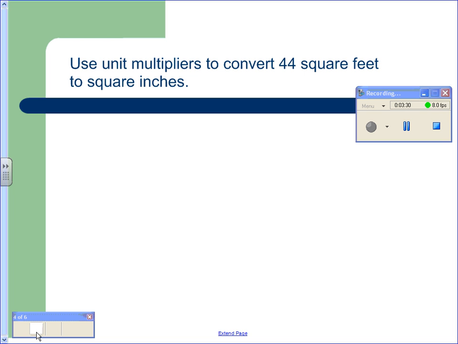All right, so looking at this one. So what are we starting with? 44 feet times feet. If you want to write it as feet squared, you can. We're going to inches.